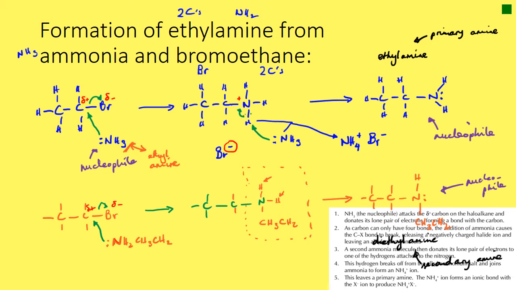Let's draw it down here. So the bromide ion decides to go off on its own, and instead the ammonia attaches to that carbon. So let's draw our alkane just the same.